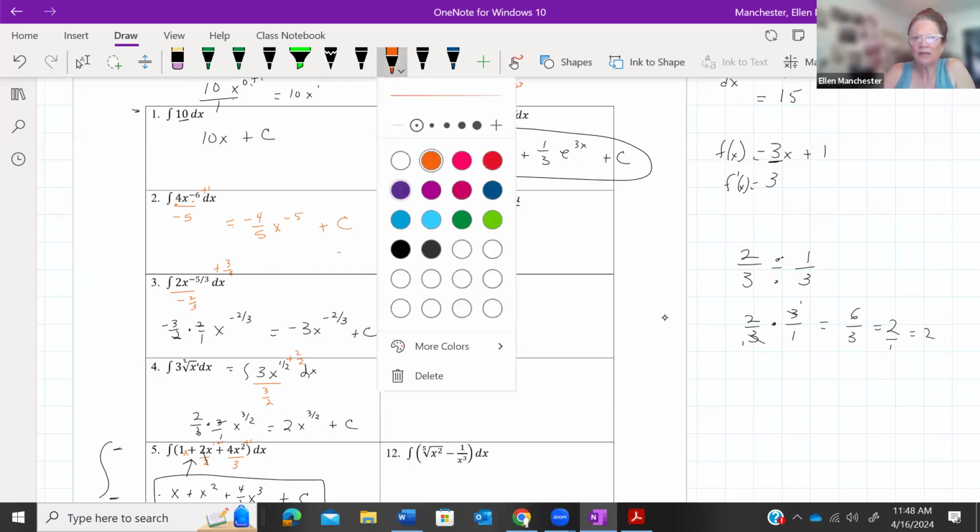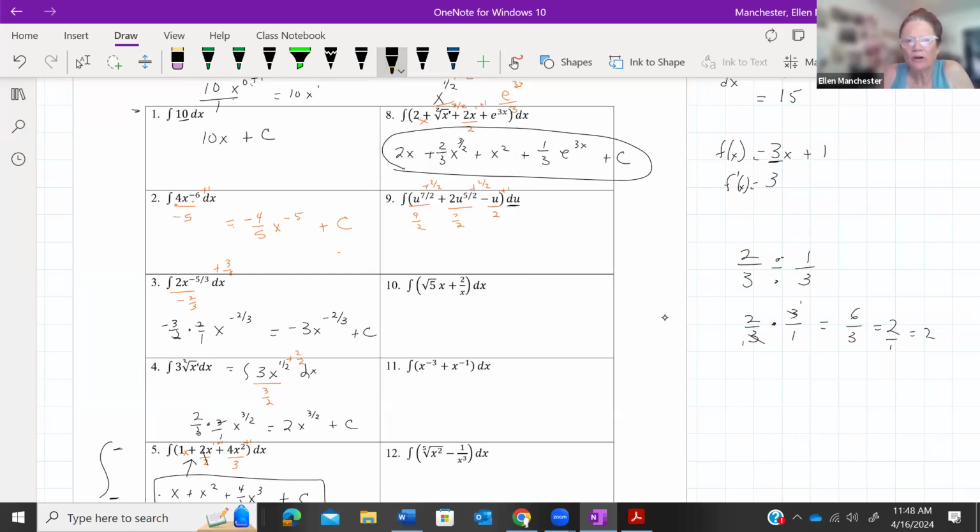Okay, so now I'm going to clean it up. So I have flipped this over, 2/9 u to the 9/2 plus, I'm going to flip this 7 halves over to 2 sevenths times 2. So now do you see how I have the 2's are both on top?